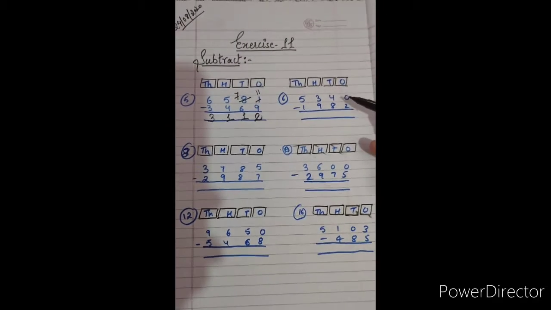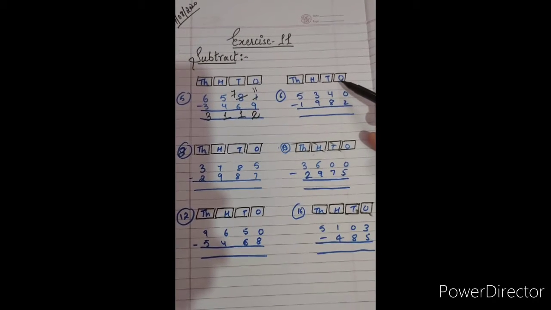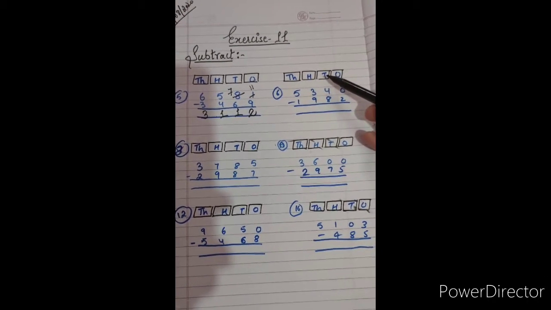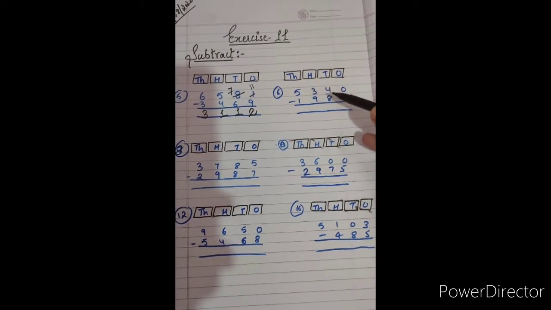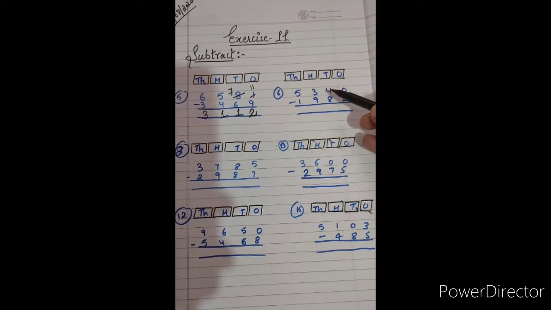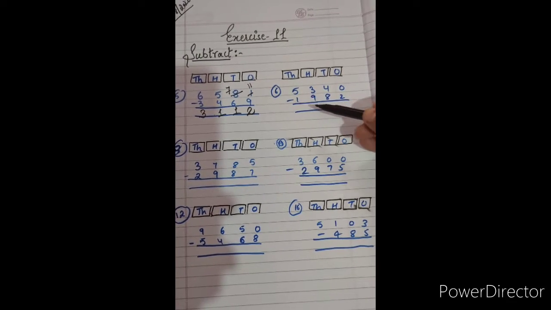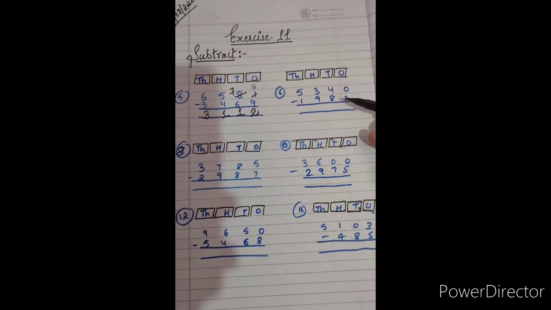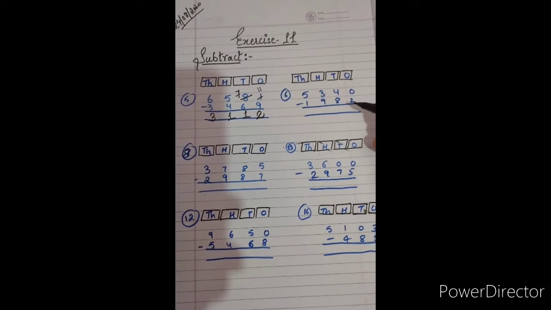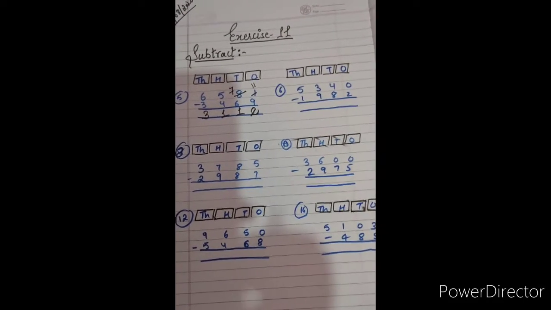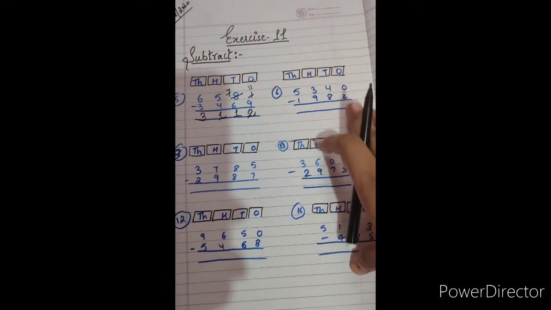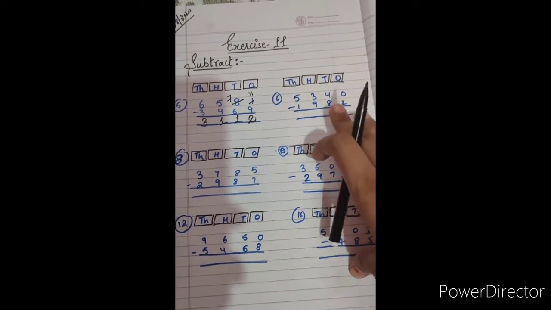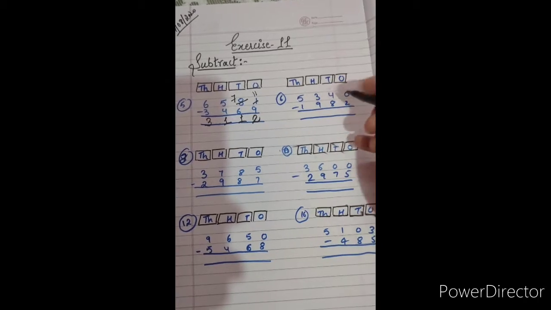Now see the question number 6. O stands for ones, T stands for tens, H stands for 100 and TH stands for 1000. So 5340 minus 1982, right? Yes. Step 1 already exists. This is already arranged column wise.